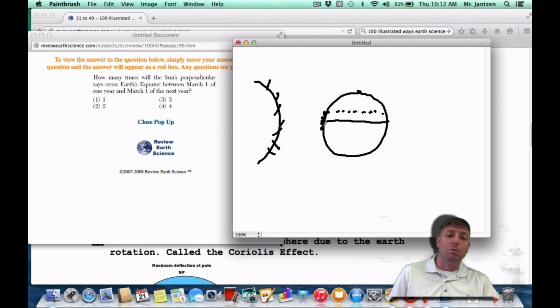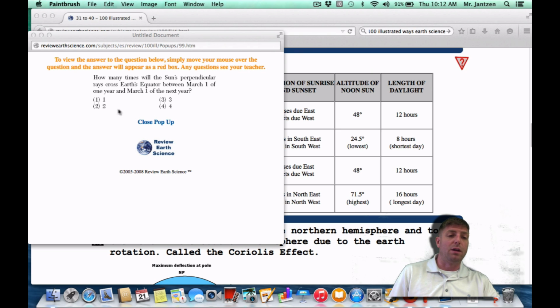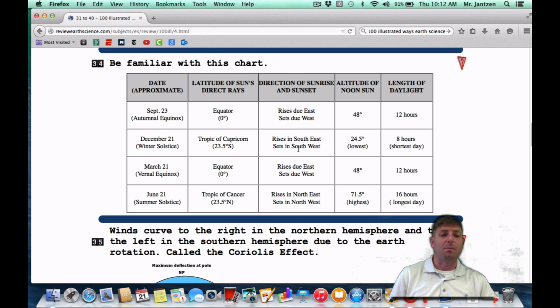Then you have October, November, then it's going to hit the Tropic of Capricorn, okay, December 21st. Then January, February, March 1st. March 1st doesn't make it back to the equator. So it basically crossed over 2 times, okay? So obviously we want choice 2 over here. It crossed 2 times, okay, or right here, okay? Very good. Okay, number 35.